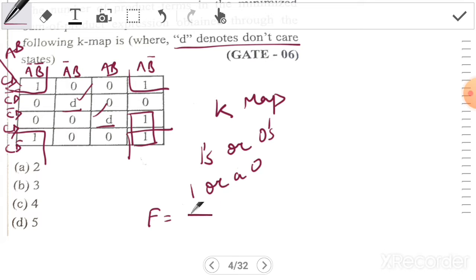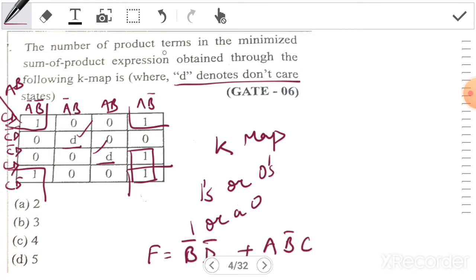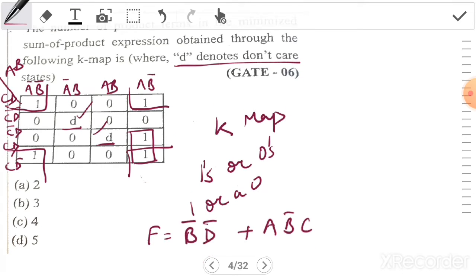So we have B complement and D complement, plus for this grouping, we have common, A is common and C is common, and also A, B complement and C. So A, B complement C. Okay, this is the final expression. So number of product terms in the minimized sum of product expression is 2.